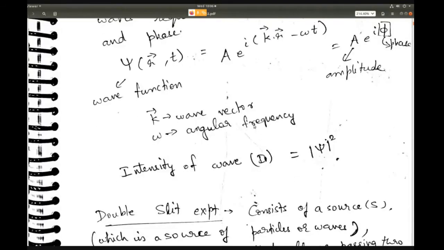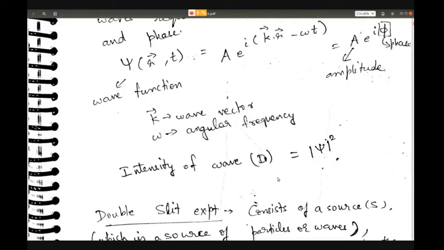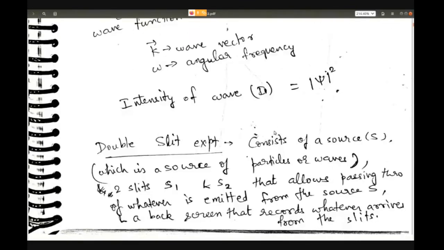So we will look at this experiment and see what the different behaviors in terms of intensity are for classical waves, classical particles, as well as quantum particles. In a double slit experiment, there is a source that emits either some particle or some wave, and a certain distance away from the source there is a wall. The wall has two slits, S1 and S2.